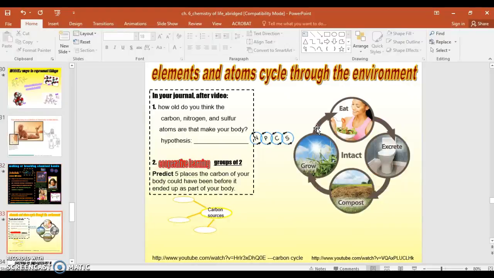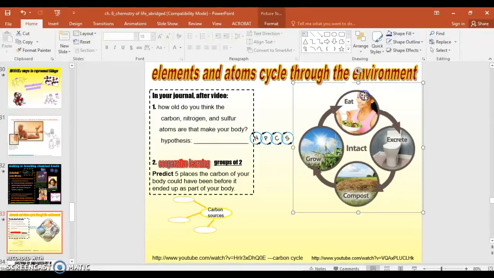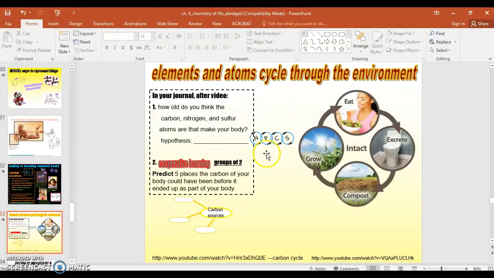All right. Here we have cycling of elements throughout the environment. And ones specifically that are most important to biology are often the nitrogen cycle, phosphorus, carbon, and sulfur cycling throughout the environment. We've studied carbon cycling throughout the environment.